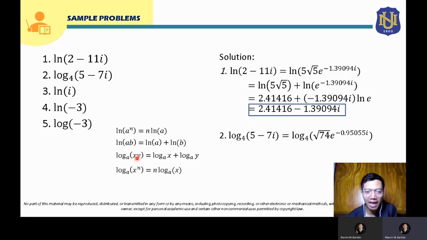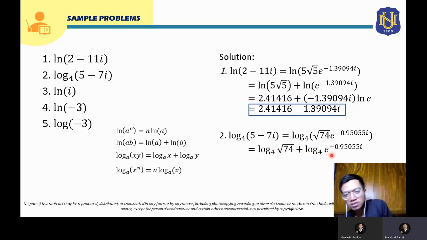Now we will again apply one of the laws for logarithm, the logarithm of a product. The product we have here is square root of 74 and e raised to negative 0.95055i. Applying this, it will be log of square root of 74 with base 4 plus log of e raised to negative 0.95055i with base 4.